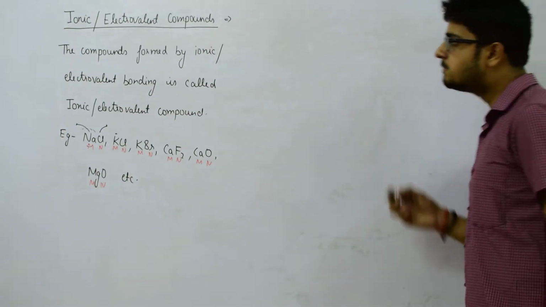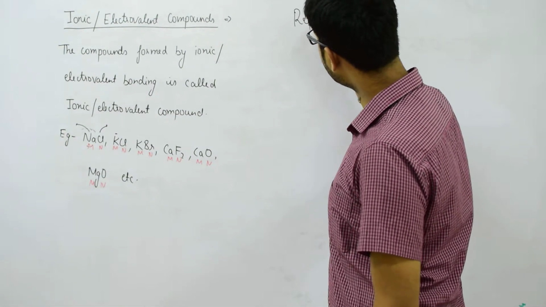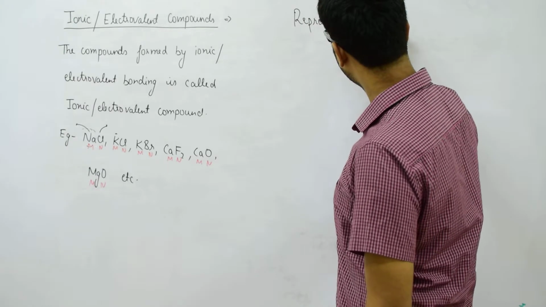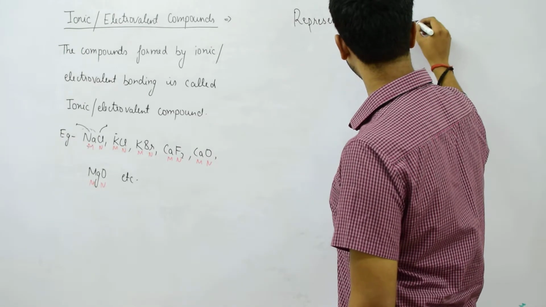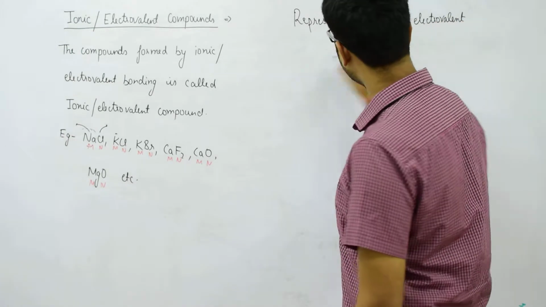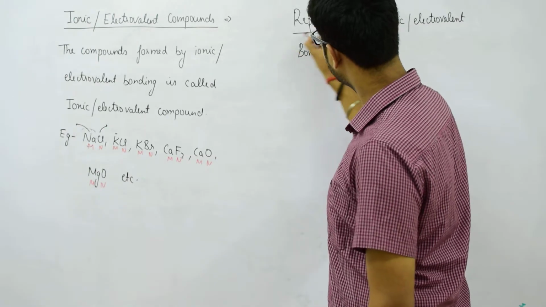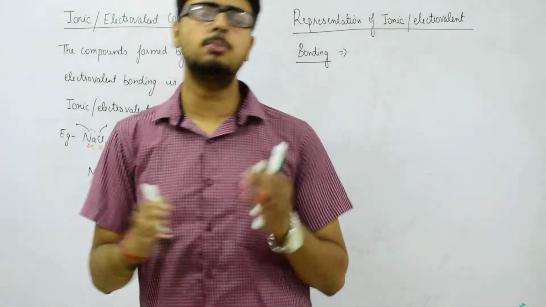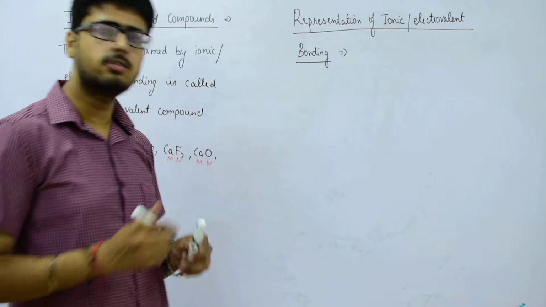Now let us move towards the next topic, that is representation of ionic, or we can say electrovalent, bond. How can we represent the actual mechanism behind the formation of ionic or electrovalent compounds?